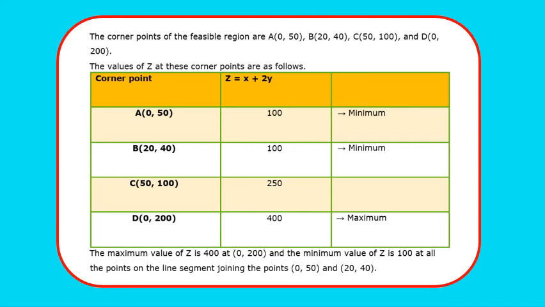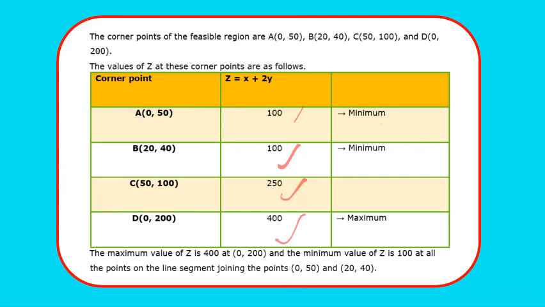The value of z at A (0, 50) is 100. The value of z at B (20, 40) is again 100. The value of z at C (50, 100) is 250, and the value of z at D (0, 200) is 400.